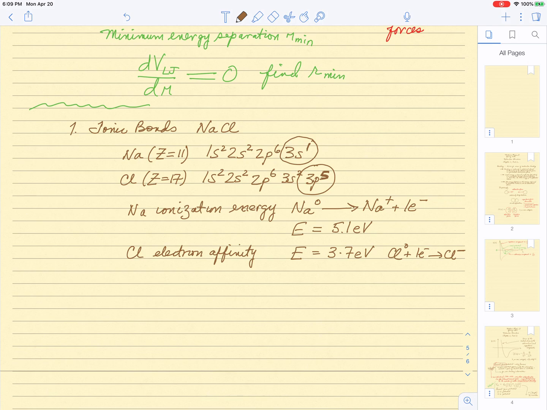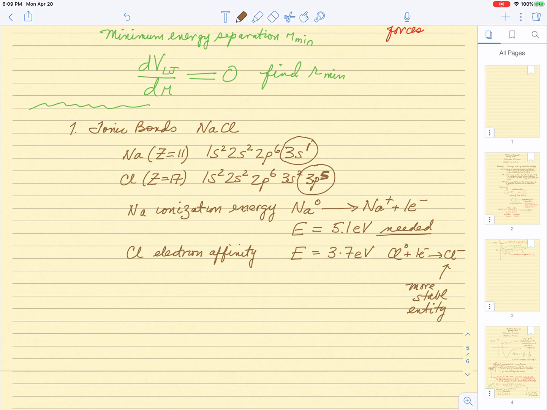This is the energy needed for ionization, and the 3.7 electron volts is going to be the energy that is gained back in making chlorine more stable by virtue of accepting an electron to make the chloride ion. So this is the more stable entity.